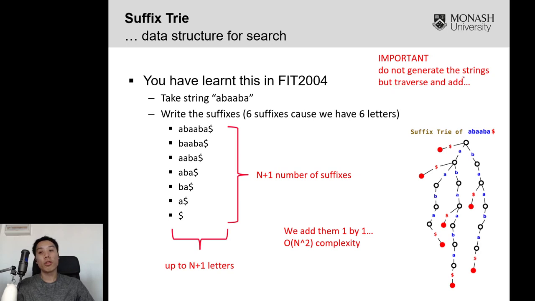You should know from 2004 by now, because it was one of your assignments, that you do not want to generate all of your suffixes. Generating all of the suffixes of a string with n characters is O(n) squared, but saving each and every one of them in memory is also O(n) squared. What you want is to make use of pointers. My first suffix begins from here and ends here, so let's say it's i to j.